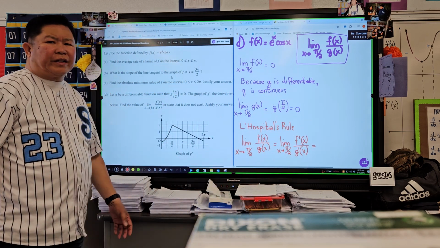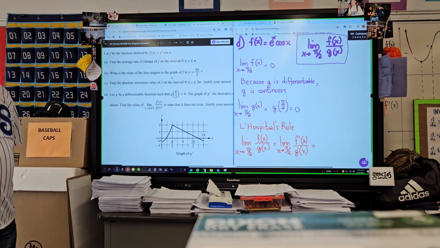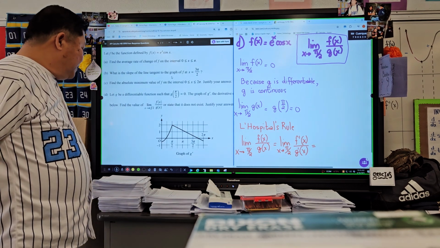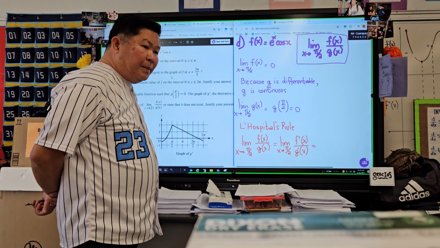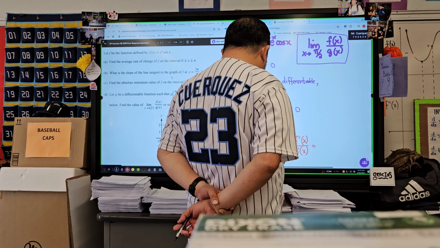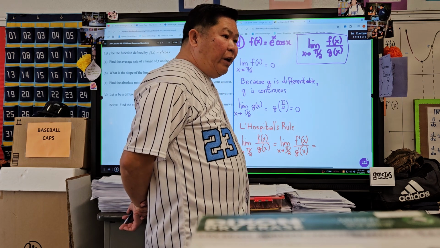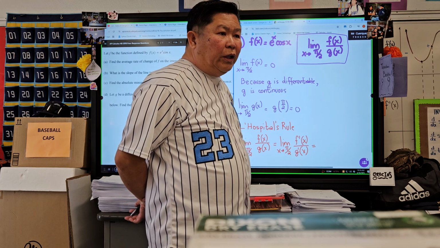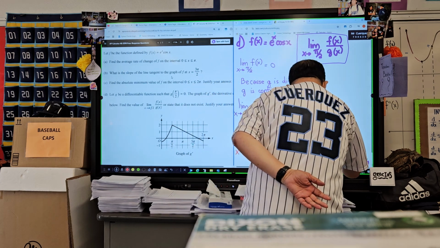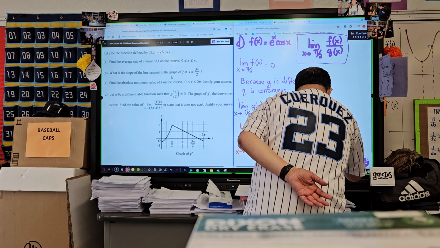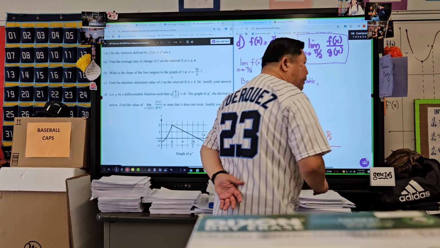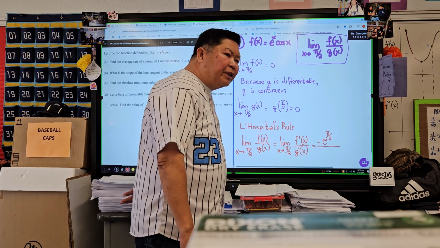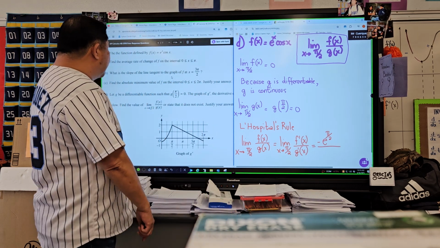And what is f prime of x? From the previous questions, what is f prime of x? Negative e to the power of pi over 2.